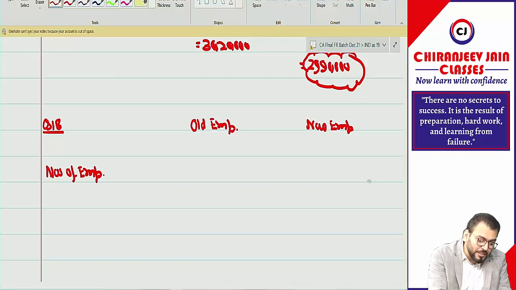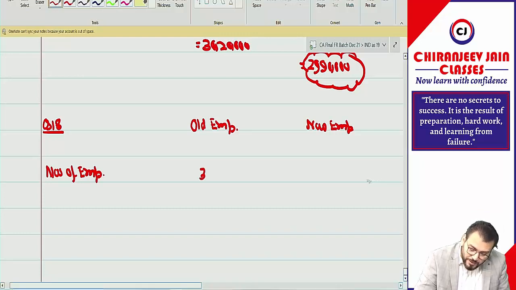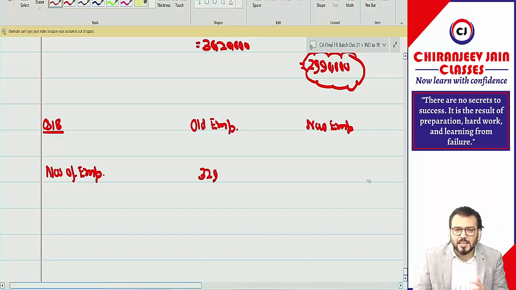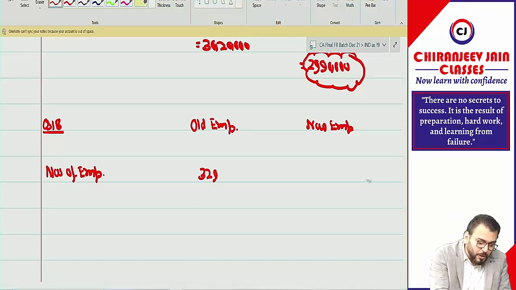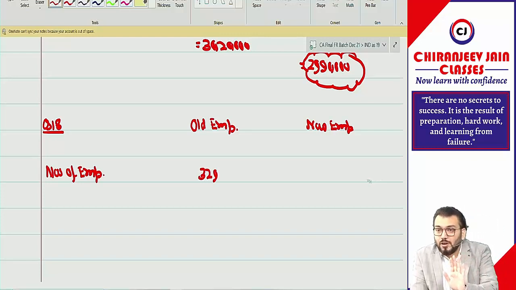How many employees left the job? Total number of employees 350 into 6% is 21 employees who left, so 329 employees remain. Instead of those 21 employees, new employees will also join.